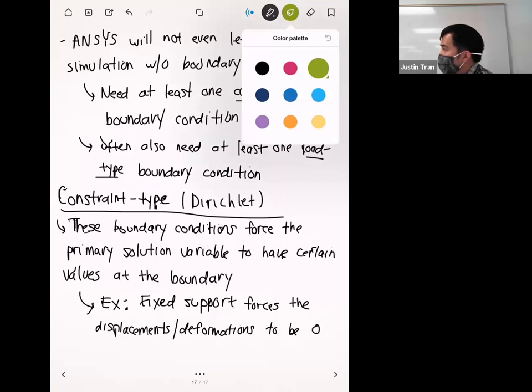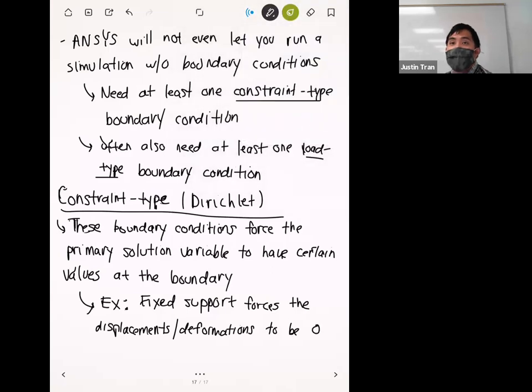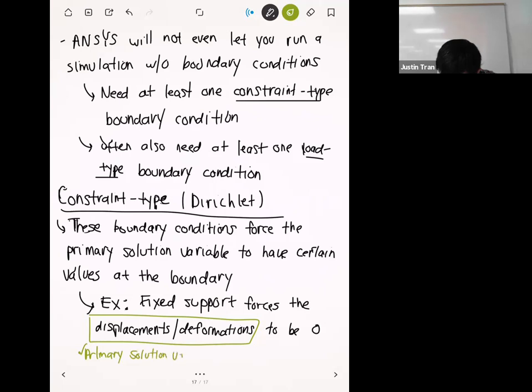And remember, when you're running a static structural simulation or any kind of linear elastic simulation, the primary solution variable is your displacement. Remember, the primary solution variable is the quantity that Ansys or any kind of finite element software is going to solve for first, right?